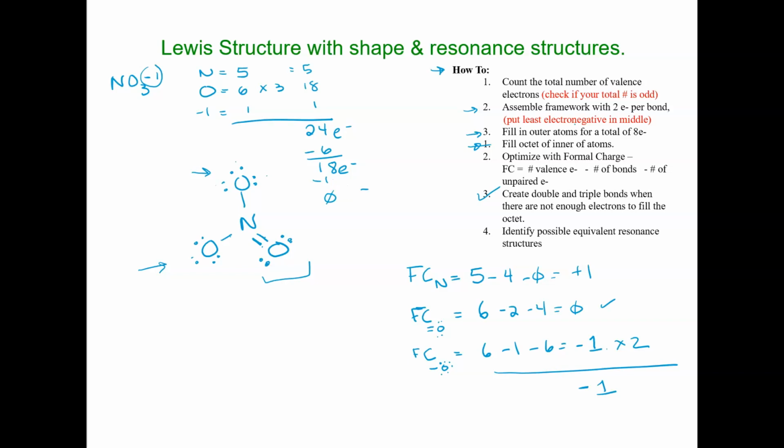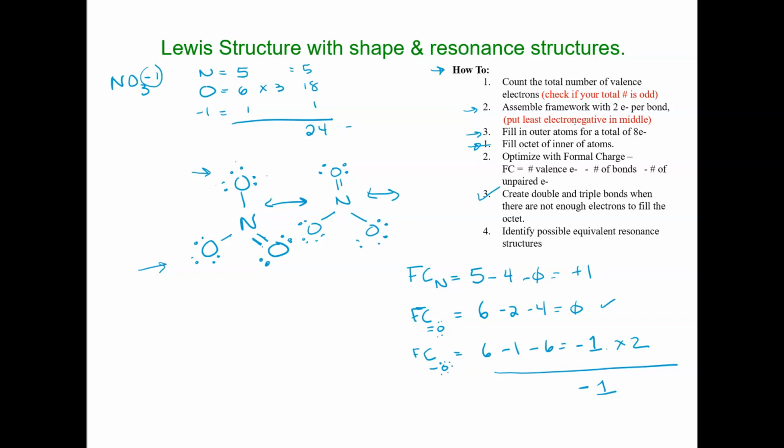So the resonance structures for this ion are going to have double bonds in the other positions where we could have initially chosen to. So that's one.